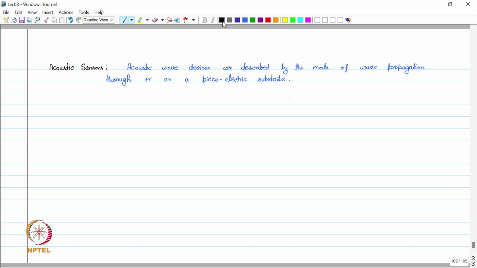And as we saw, we have two types of sensors. One is the surface acoustic wave, or we call it SAW sensor.